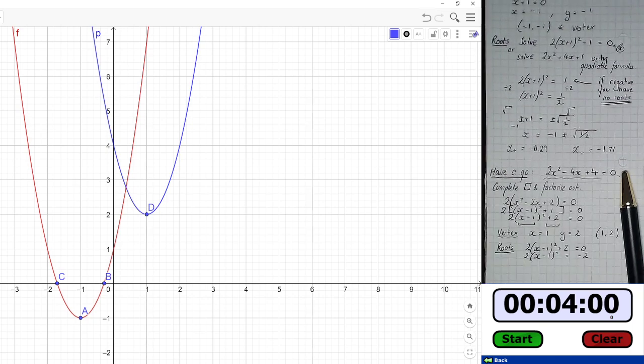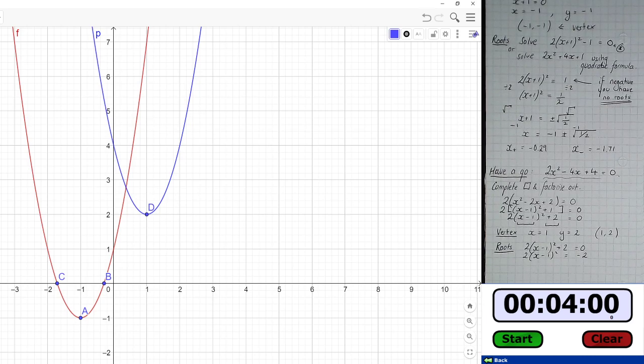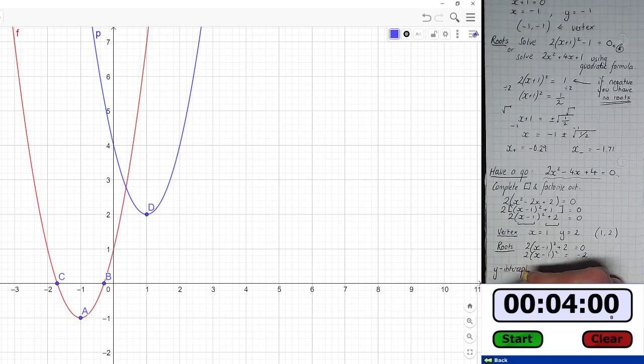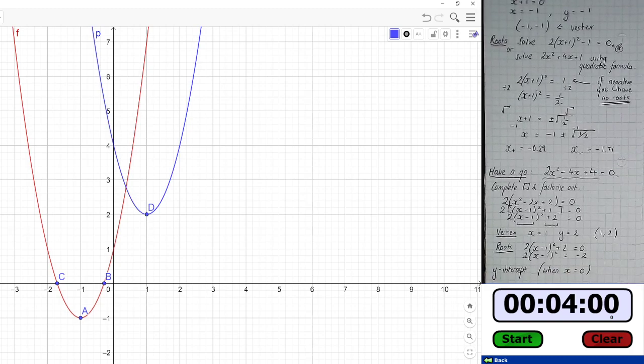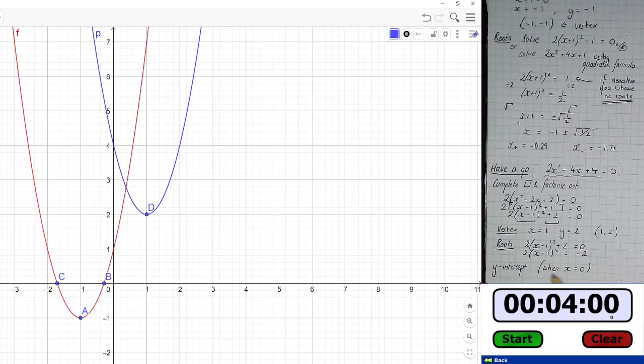Now, at AS level, if you're thinking about stepping your game up, as well as having a vertex and roots, we might want to think about our y-intercept. This is just when x is equal to 0. So when x is equal to 0, we have 2 lots of 0 squared minus 4 lots of 0 plus 4. 0 take away 0 plus 4 is 4.